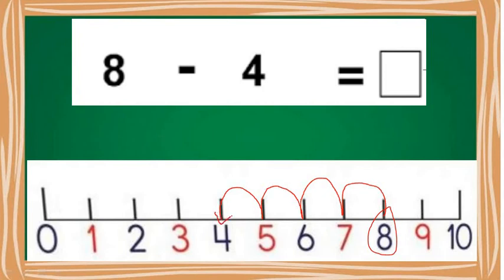We reach at number 4. So we can say that by watching this number line, 8 minus 4 is equal to 4.